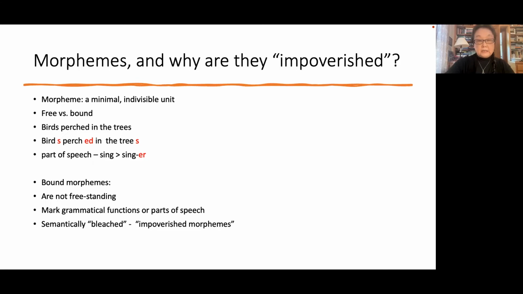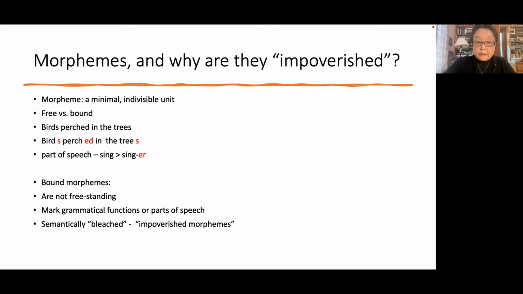Those standalone morphemes, like "bird" and "perch" and "tree," are not bound morphemes. They are not impoverished morphemes. They can stand on their own, but bound morphemes cannot stand on their own, and they mark grammatical functions or parts of speech, and they're considered to be semantically bleached.